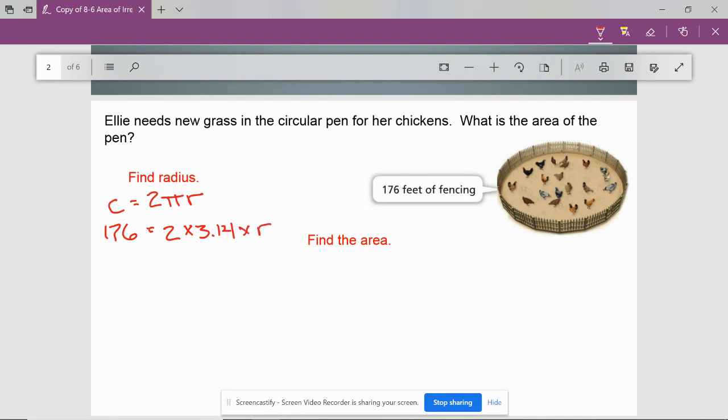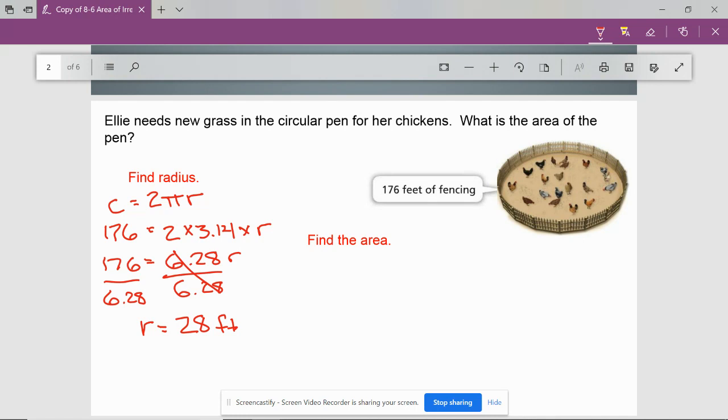So 176 equals 2 times 3.14, which is 6.28 r. We divide by 6.28 to get rid of those. So our radius is going to equal 28. So we have 28 feet as our radius.